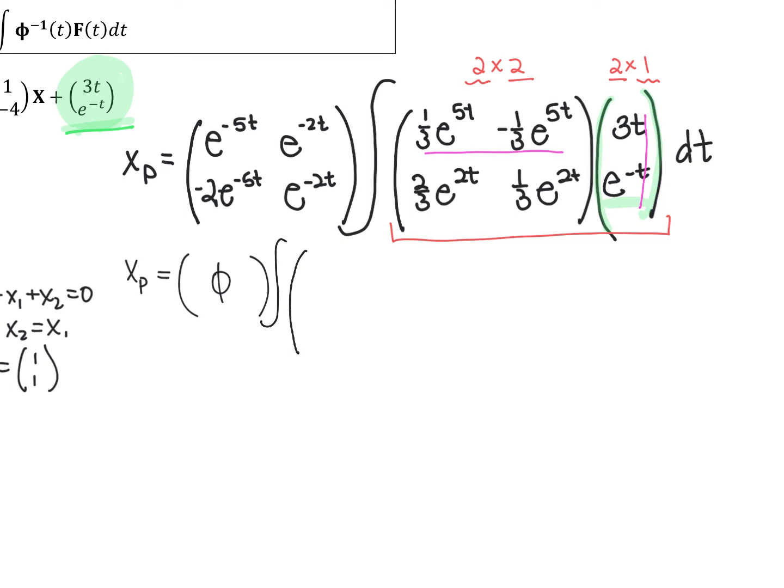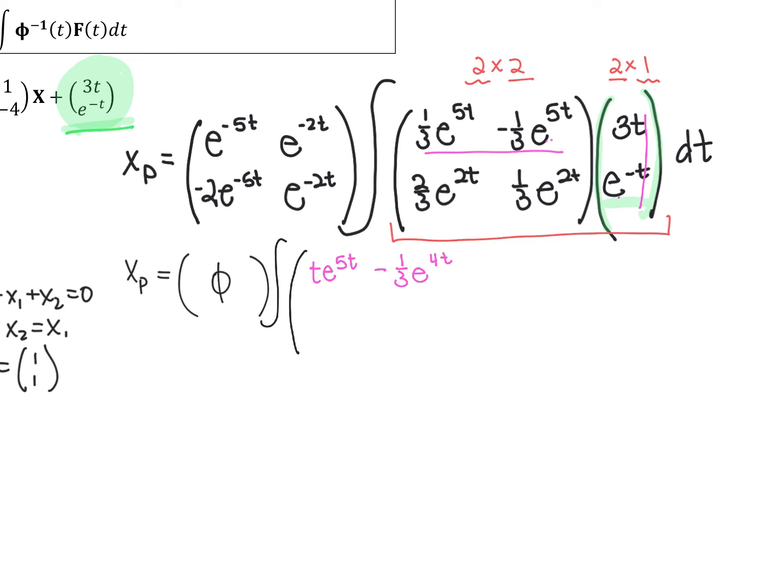Remember, when we do matrix multiplication, we take this row by this column. So when I do that row by that column, we get 1/3 e^(5t) times 3t, which gives us t e^(5t). Then I multiply negative 1/3 e^(5t) times e^(-t), which gives me negative 1/3 e^(4t).